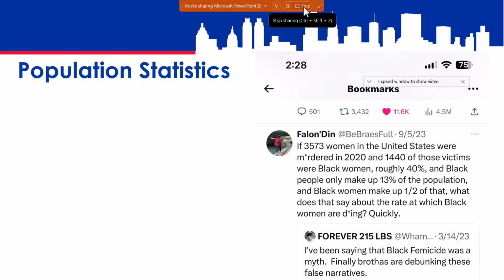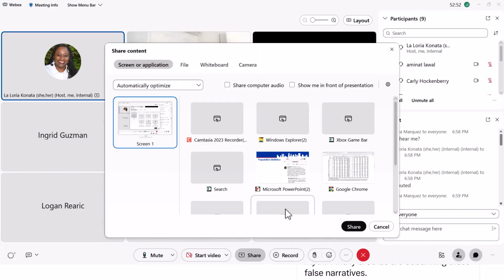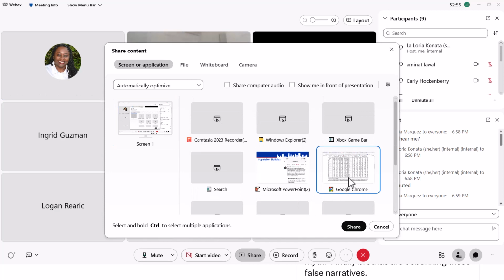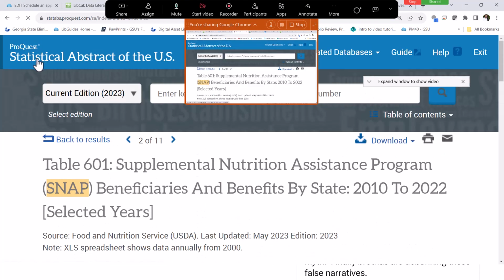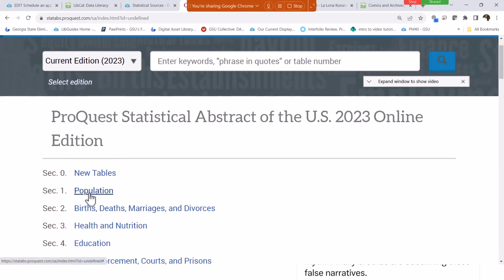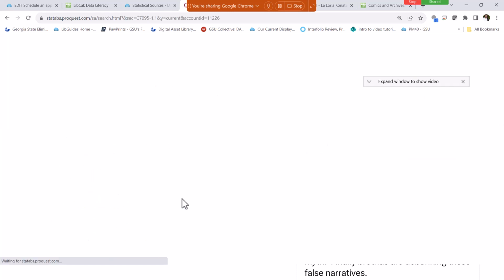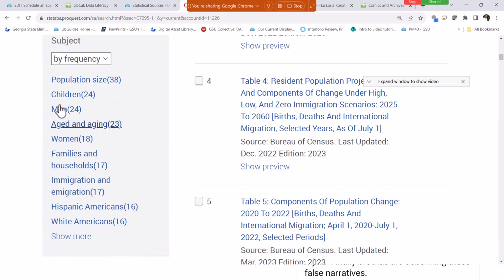Let's go back to that database. Again, I'm in Statistical Abstracts. Let's start over. Okay, so if we want to find out, we can just go here to population, because what we want is the population of Black women. So we could start here under population, men, women.